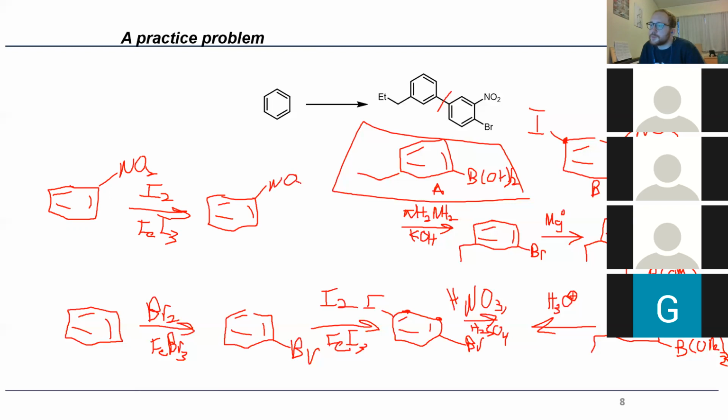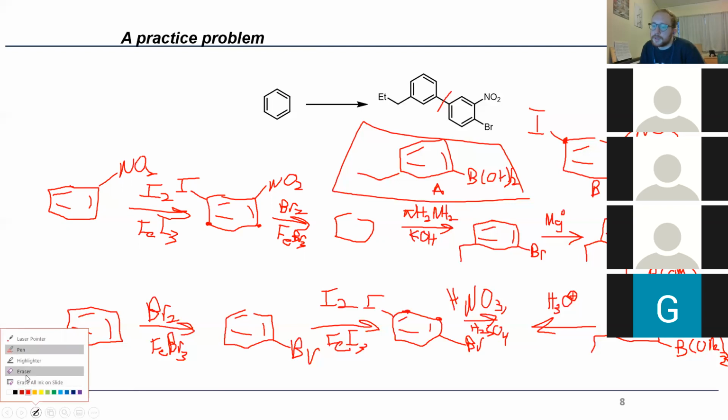This will go selectively meta, and then brominate. Now you have a little bit of trouble between ortho and para, but you'll get a good amount to go para.